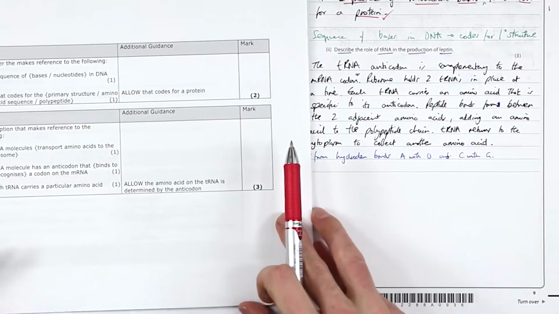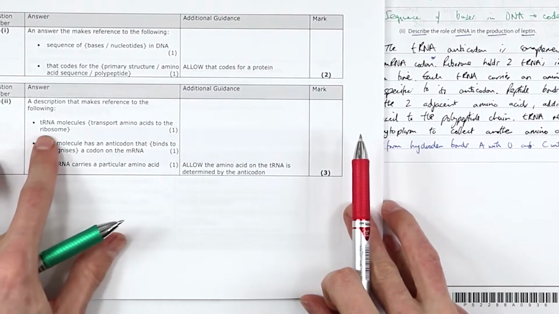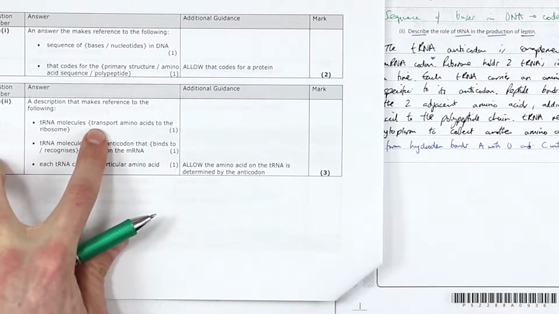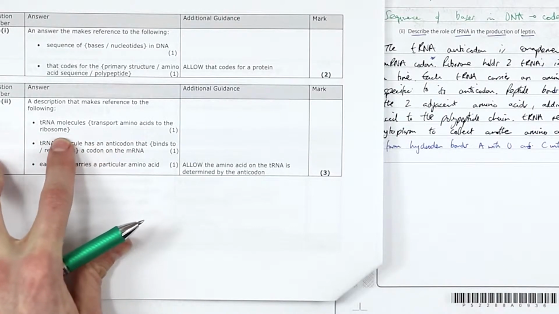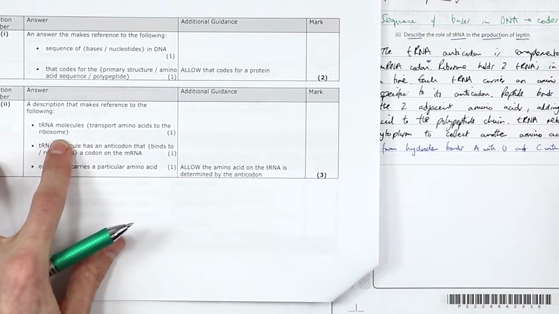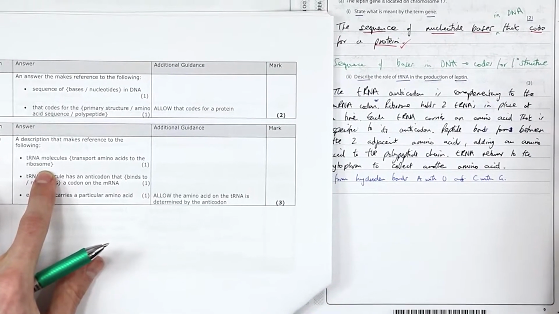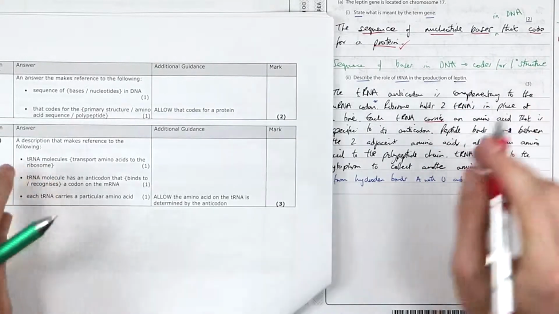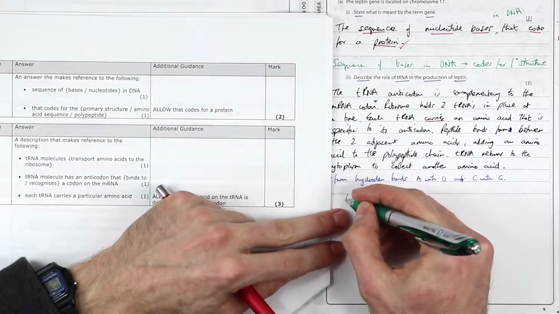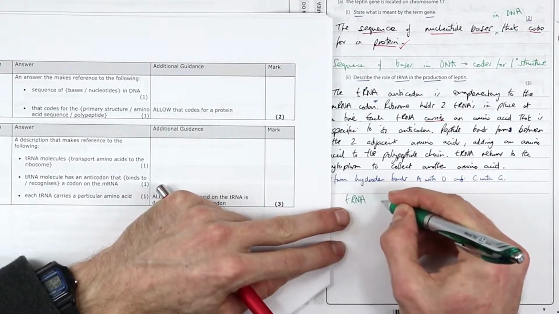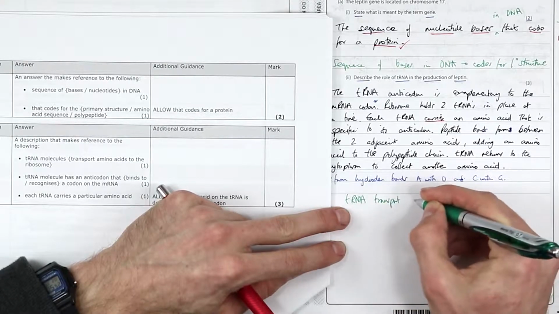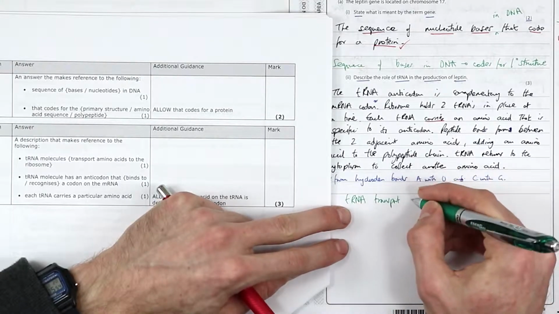Okay, so we have tRNA molecules transport amino acids to the ribosome. Carries. I don't think I actually said that.